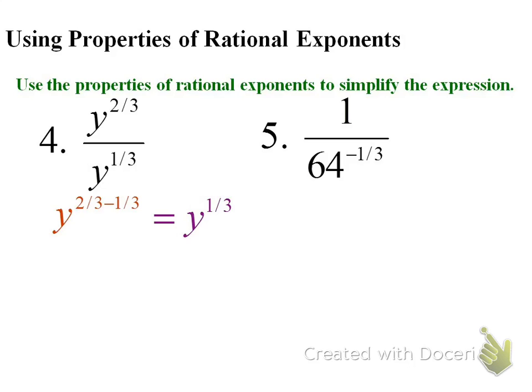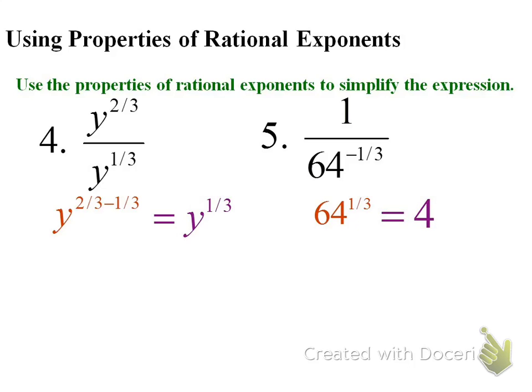Any ideas what to do on this one? Yeah, we change it to 64 to the 1/3. Do you guys know what 64 to the 1/3 is? It's like the cube root of 64.